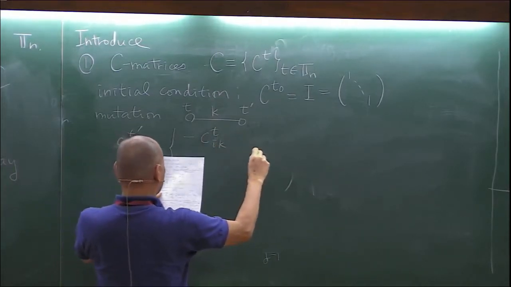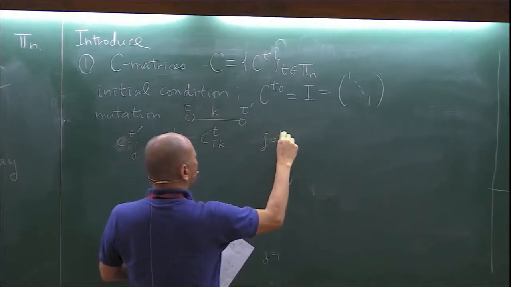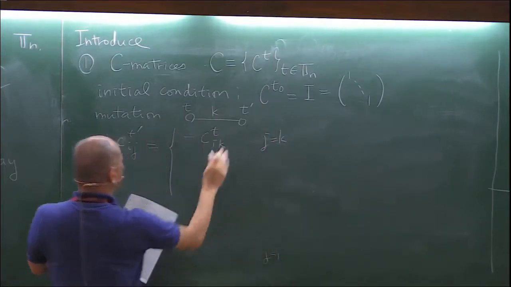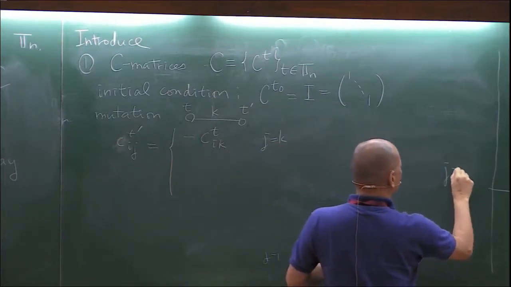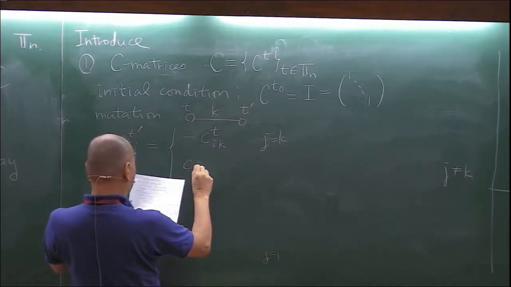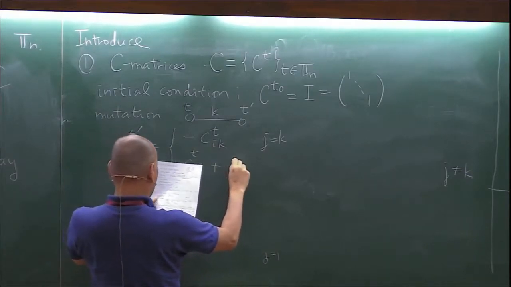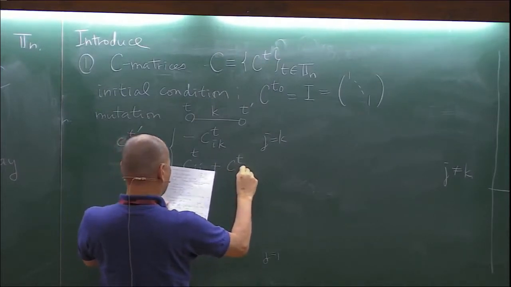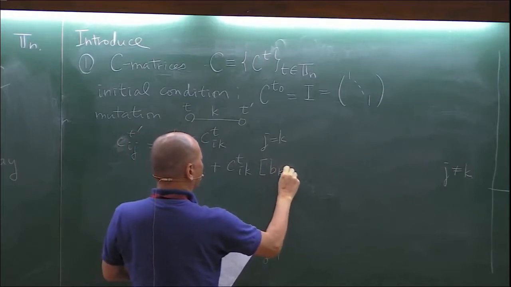So I just write. When j is k, then we have a negation, and otherwise, it's very similar to the B matrix formula, and in fact, it is introduced in such a way.